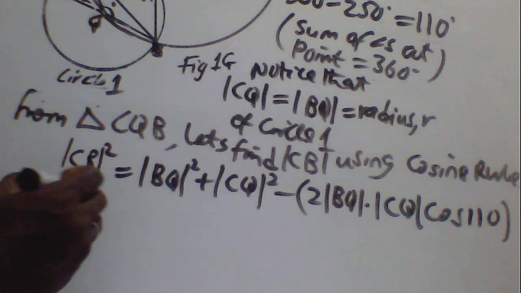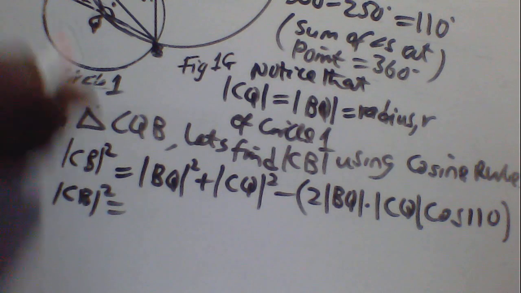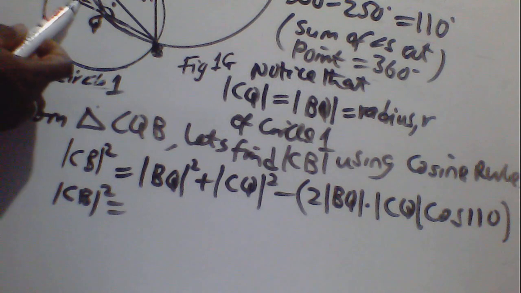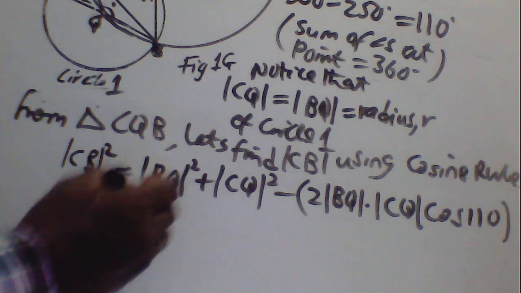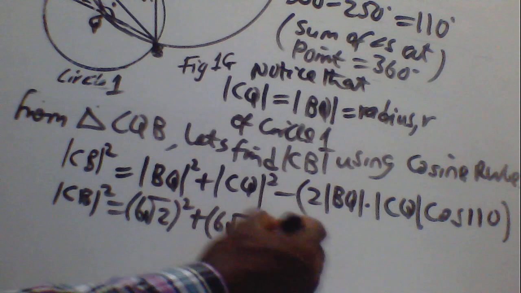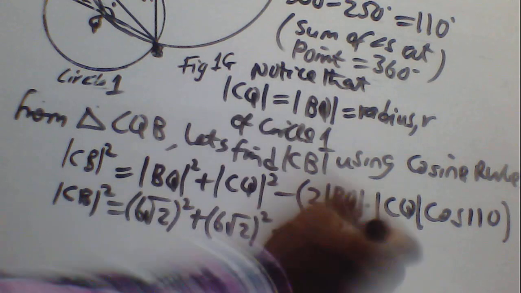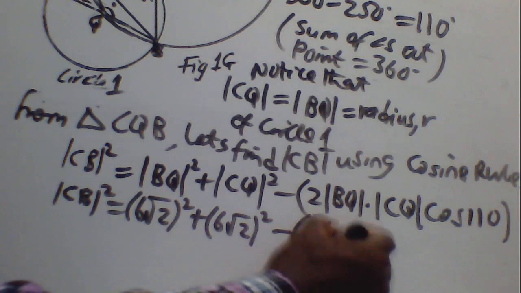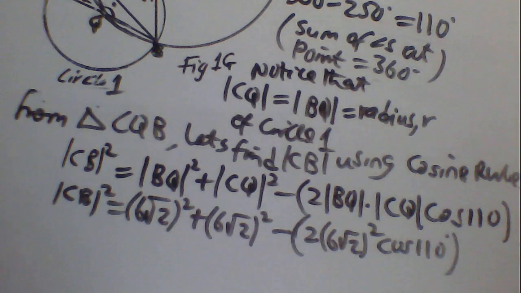So from here we solve it. CB squared is equal to, knowing that the radius CQ is 6 root 2 as given, 6 root 2 squared plus 6 root 2 squared minus 2 times 6 root 2 squared cos 110, since BQ is equal to CQ. So you can simplify your work.